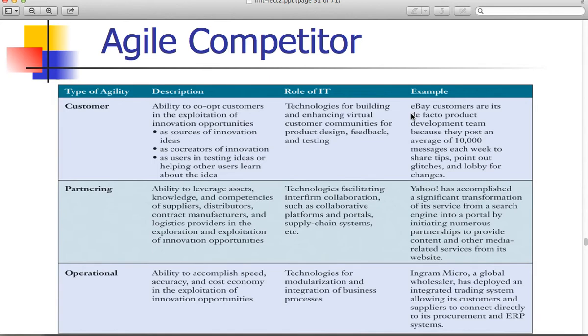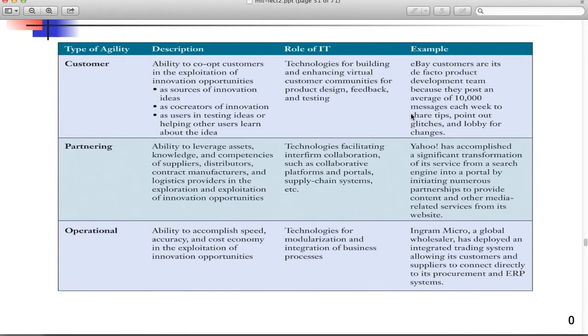So we're looking at the type of agility, and you're not going to be able to read this from the back of the room, but if you download the slide set, it actually looks pretty clear. If you download the slide set and look at it, you'll see that you can compare different types of agility.